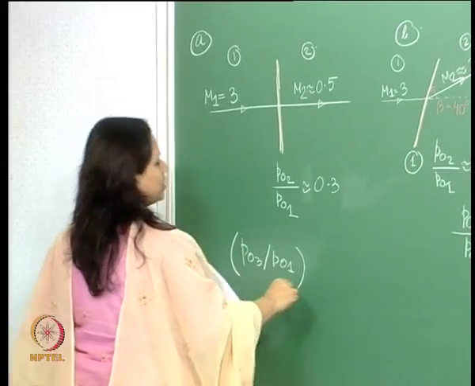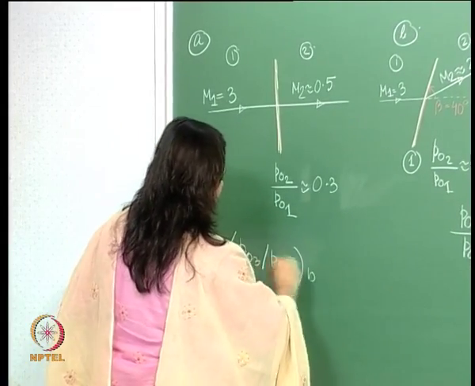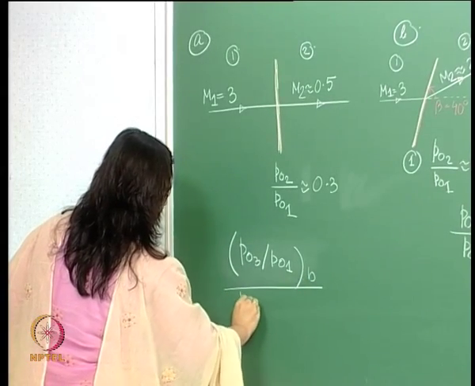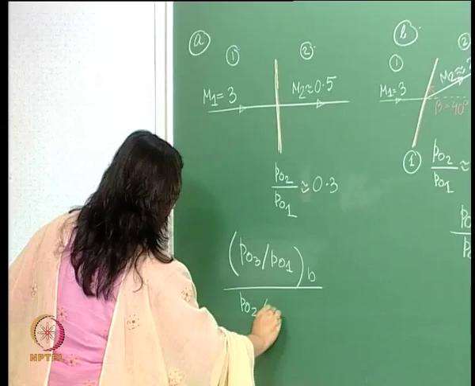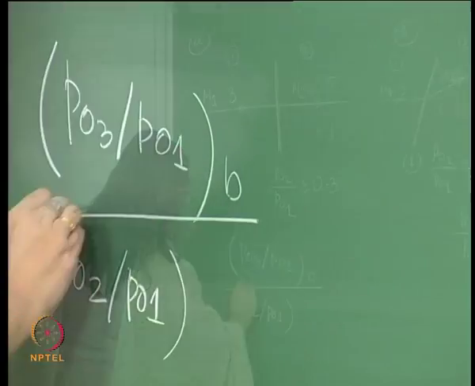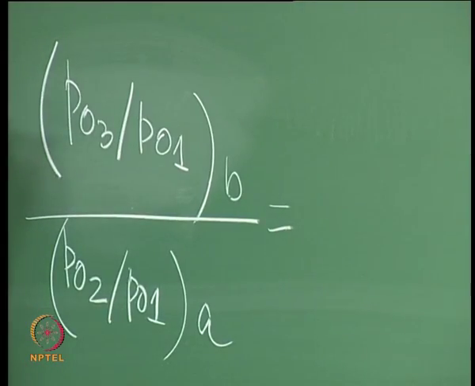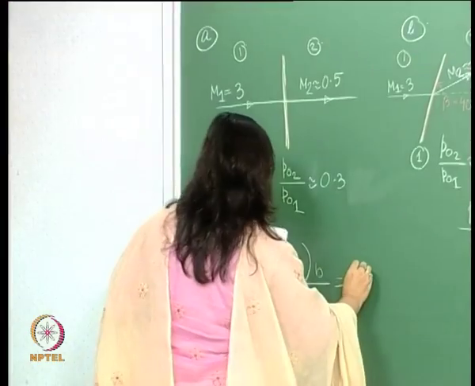Okay, this is region 1, this is for case B, right? And for case A, right? So this is what this turns out to be.